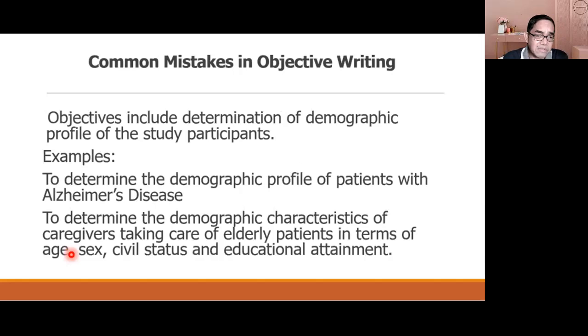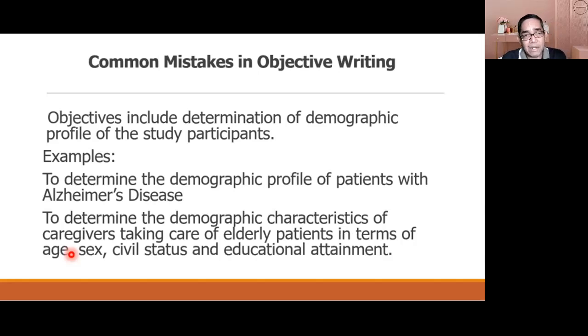I would like to think that this is one of the most common mistakes people make. Almost 80% of people coming to me for research consultation talk of determination of the demographic profile as an objective.